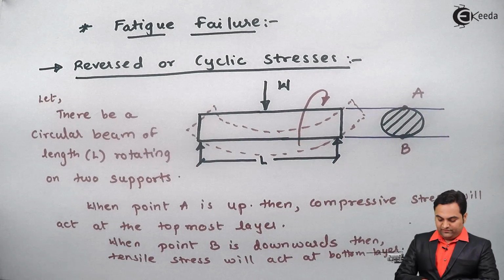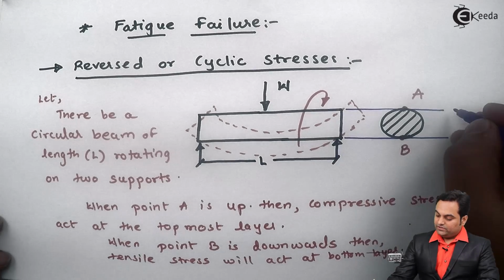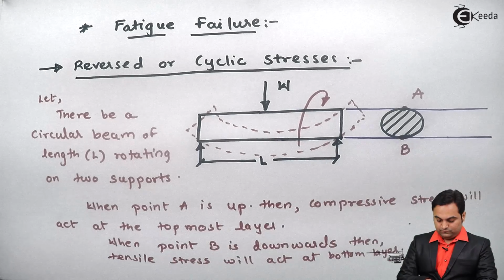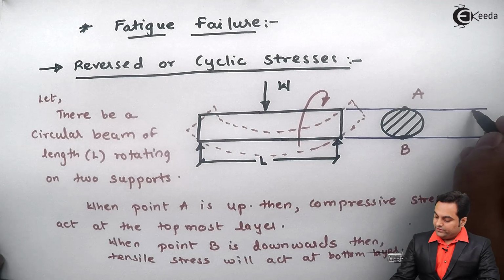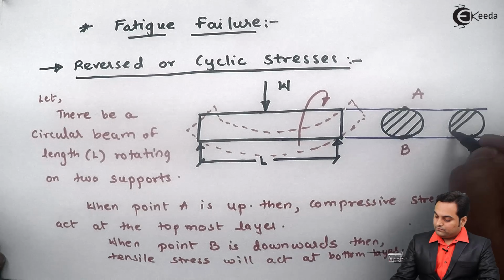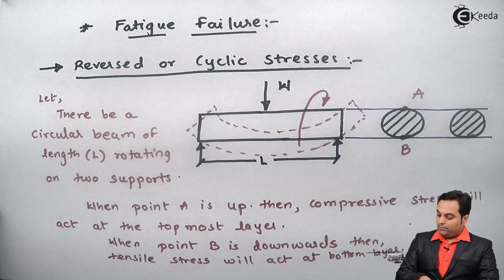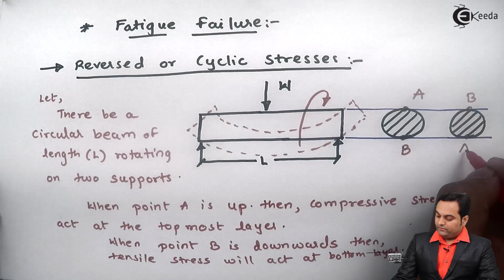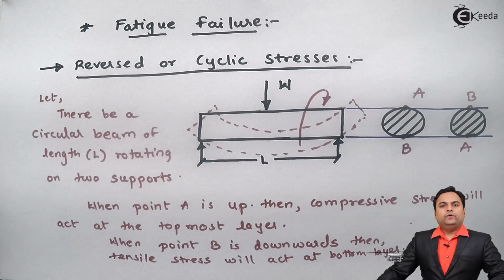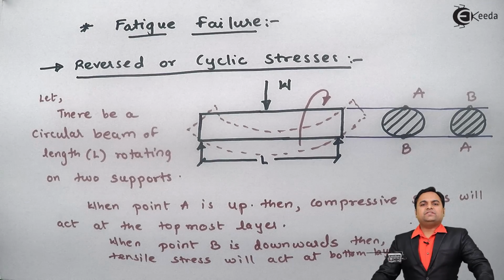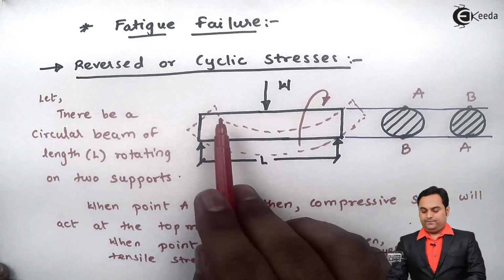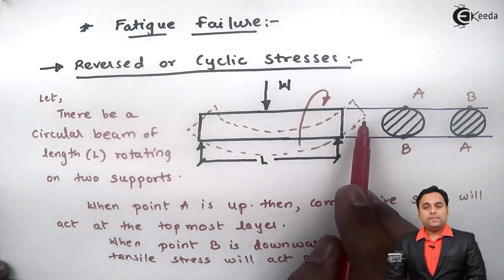So for the second case, when the shaft rotates, point B will reach up, whereas point A will be at the bottom. Now the action is reversed. Previously A was subjected to compression and B was in tension.